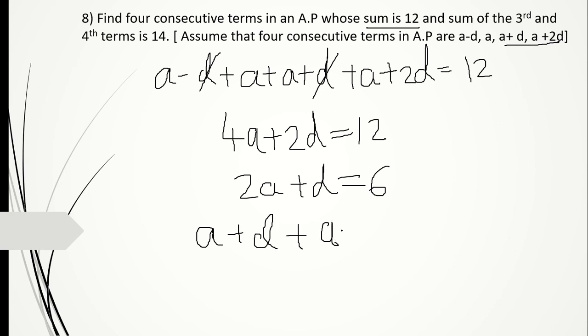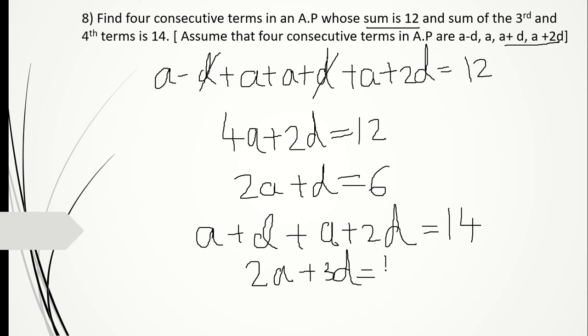The sum of the third and fourth term is how much? 14. A plus A is 2A, D plus 2D is 3D, is equal to 14.